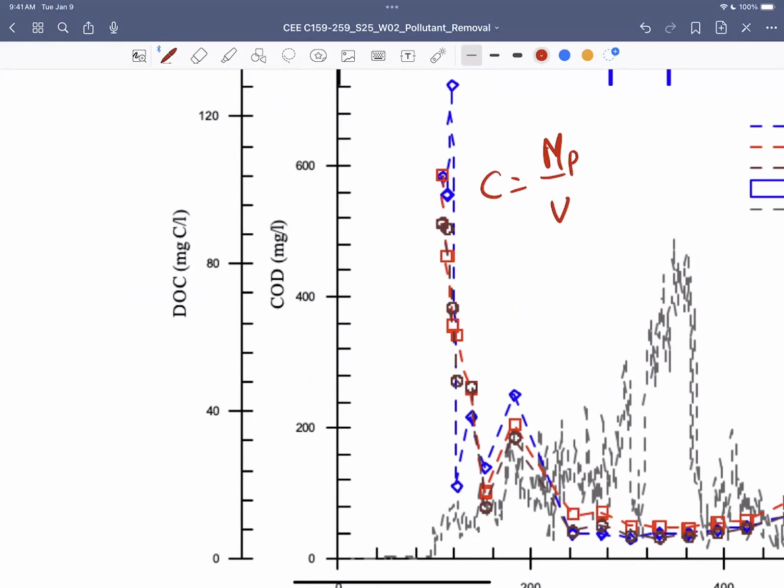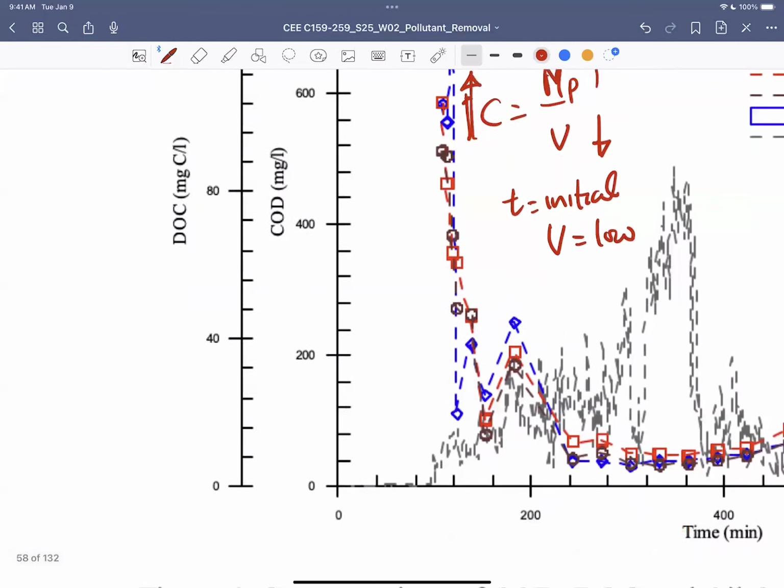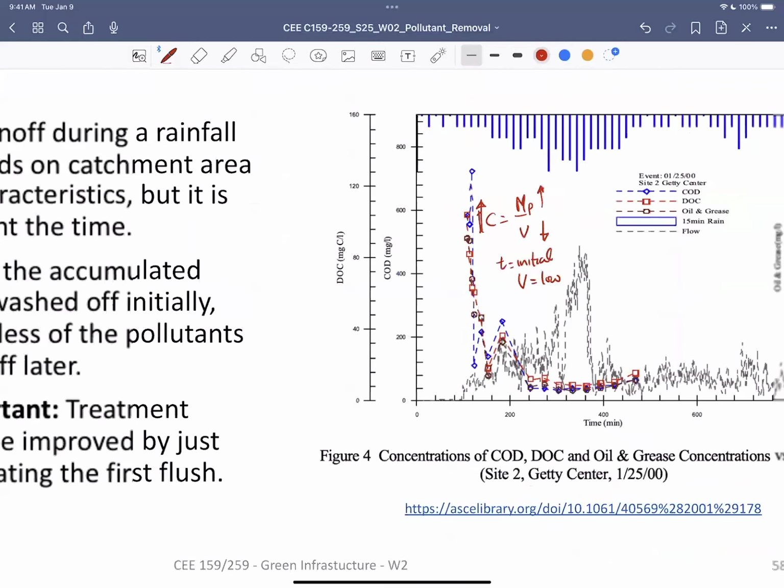Initially, volume is low, and also there are a lot more sources of pollutants, so the mass is much higher. If the mass is much higher and volume is low initially, the concentration C is much, much higher. So dissolved pollutant concentration could be much higher for that reason initially.